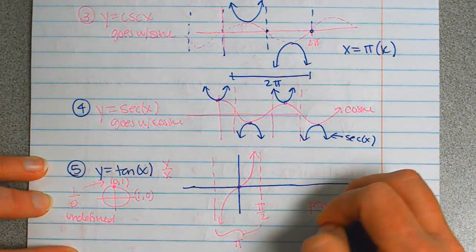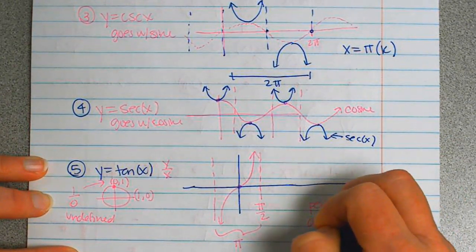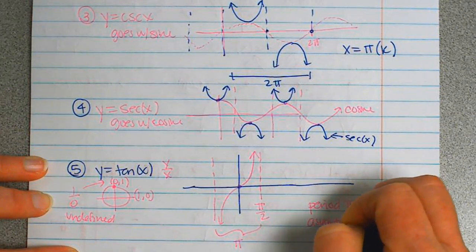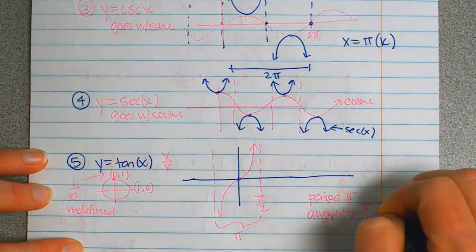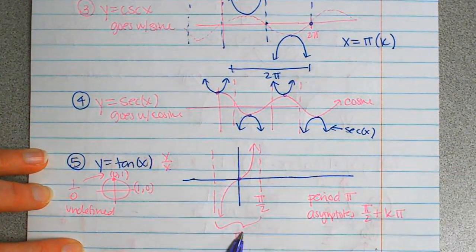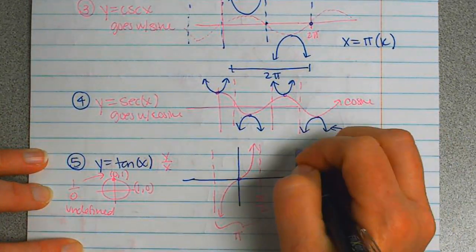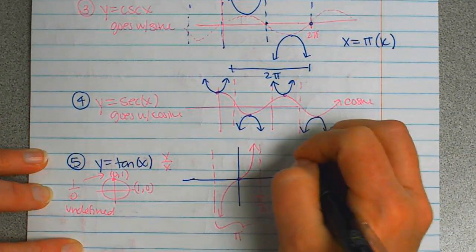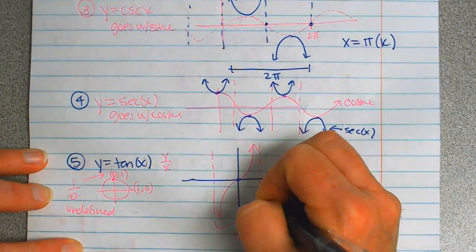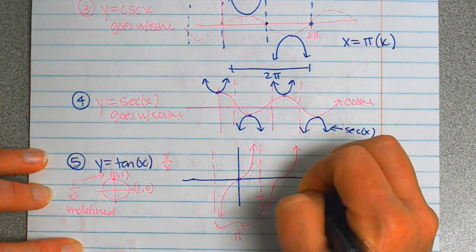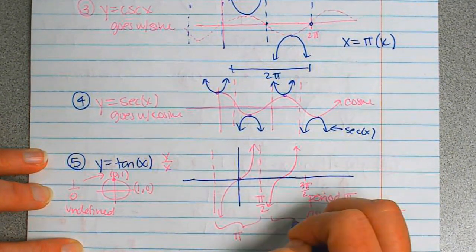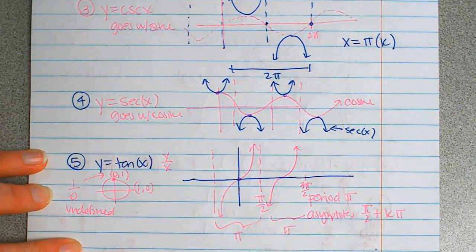And then it makes the asymptotes at pi over 2 plus k pi, because you add a pi. The next one would look like this and would be pi away. So that's going to be 3 pi over 2. It's always a distance of pi in between them.